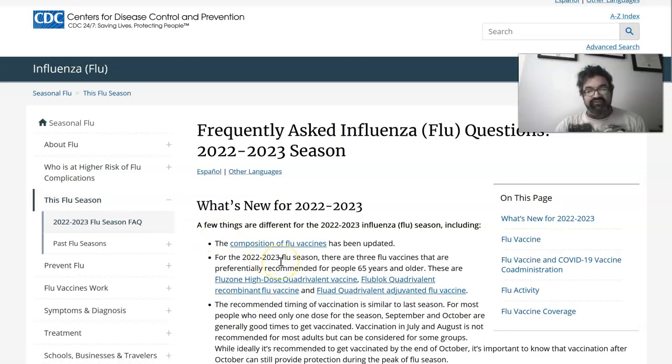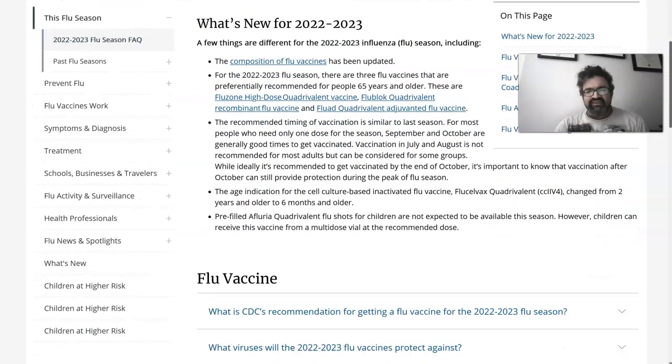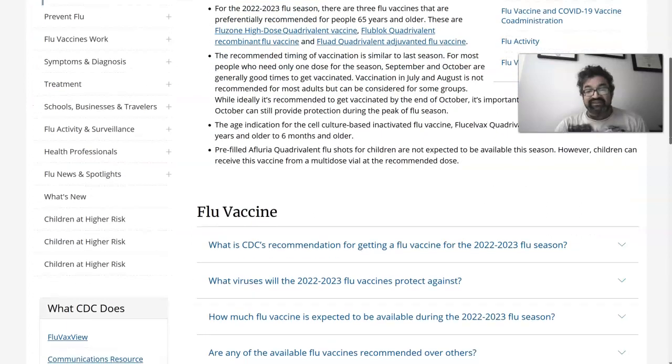So here's the Fluzone high dose quadrivalent vaccine, Flublok quadrivalent recombinant flu vaccine, and Fluad quadrivalent adjuvanted flu vaccine. So these are all the different flu vaccines that are available. They're already available. Typically, October is a good time to take it. If you take it any earlier, there's a chance that you might have to take it again.